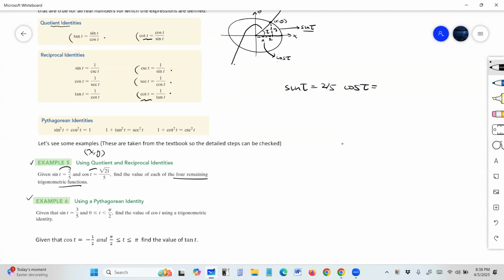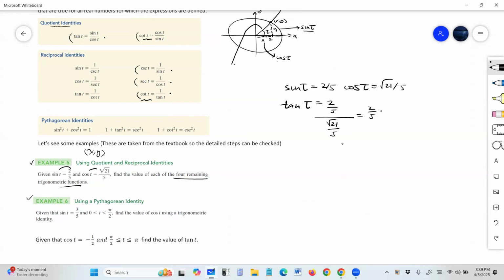Cosine of t is radical 21 over 5. And immediately I can find tangent of t, which according to the quotient identity is sine over cosine. So 2/5 over radical 21/5. Now again, multiply by the reciprocal.